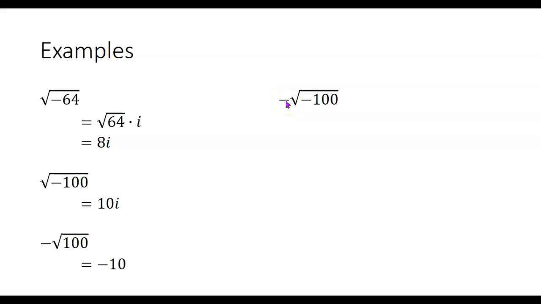Now we've got a negative sign in front of that, so that's negative 10i. And what if we have 6 minus the square root of negative 100? We've already said that the square root of negative 100 is 10i, so 6 minus that would be 6 minus 10i.